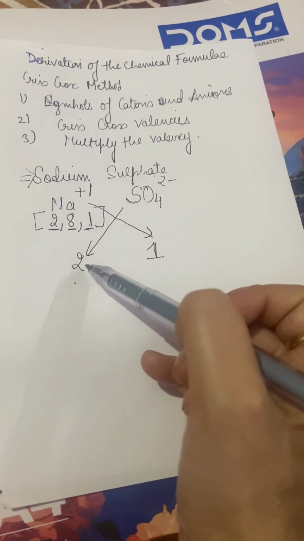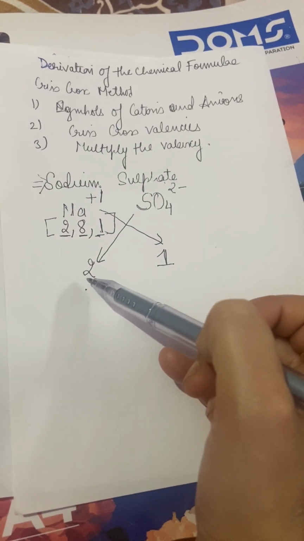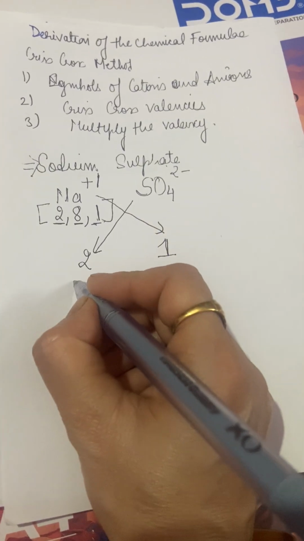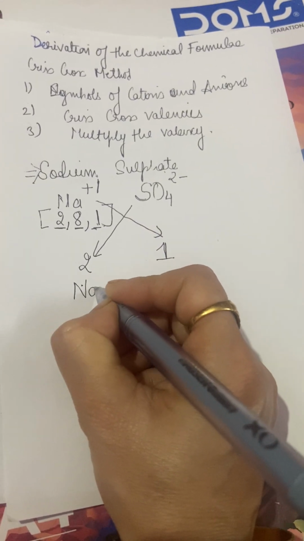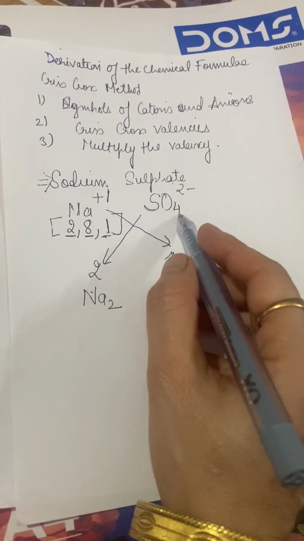The number of atoms should be a constant number. It should not have any plus or minus sign. So sodium will be multiplied by 2. So it will be Na2. And sulfate, SO4.